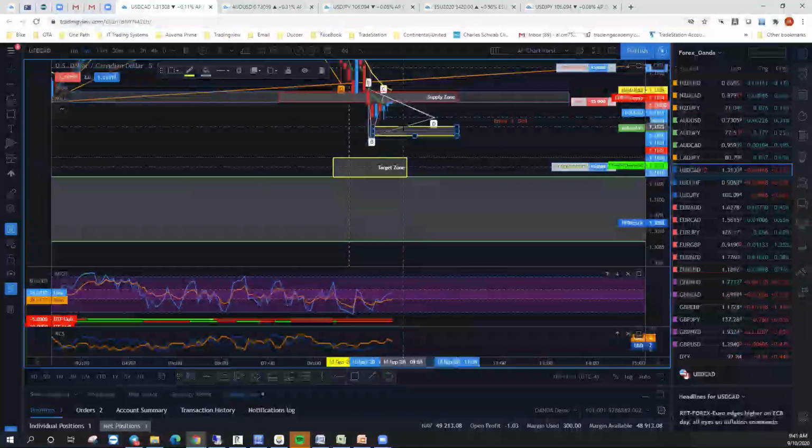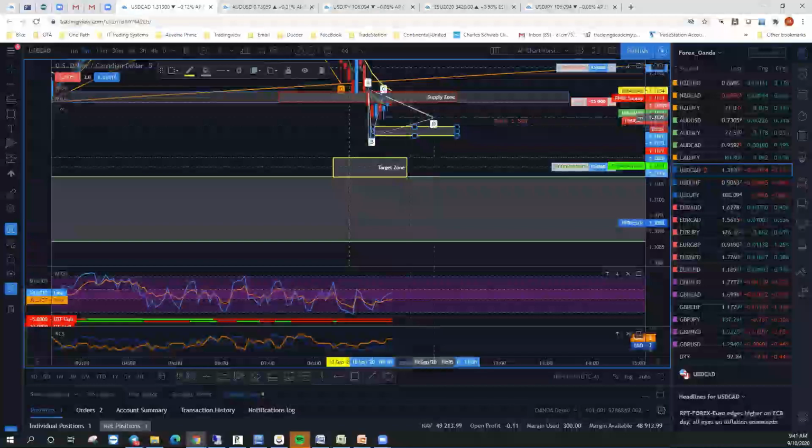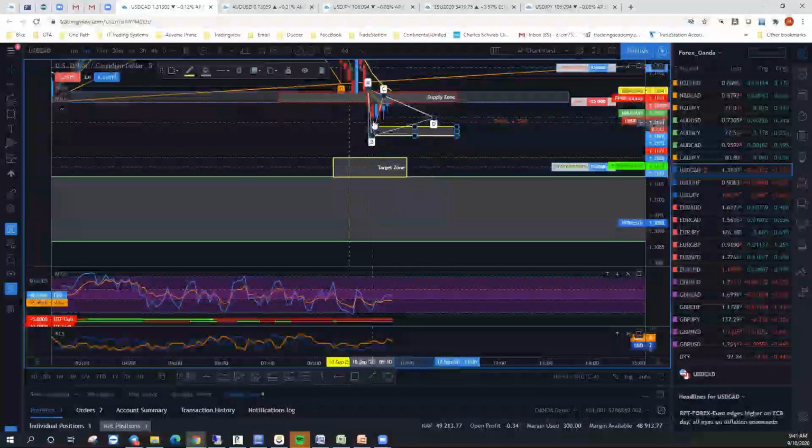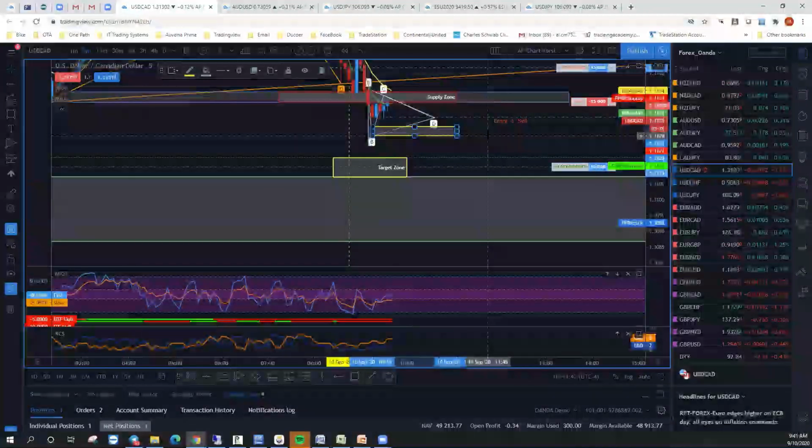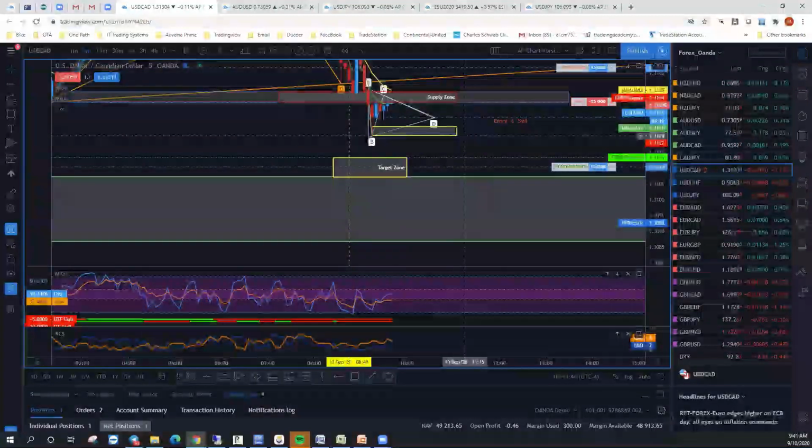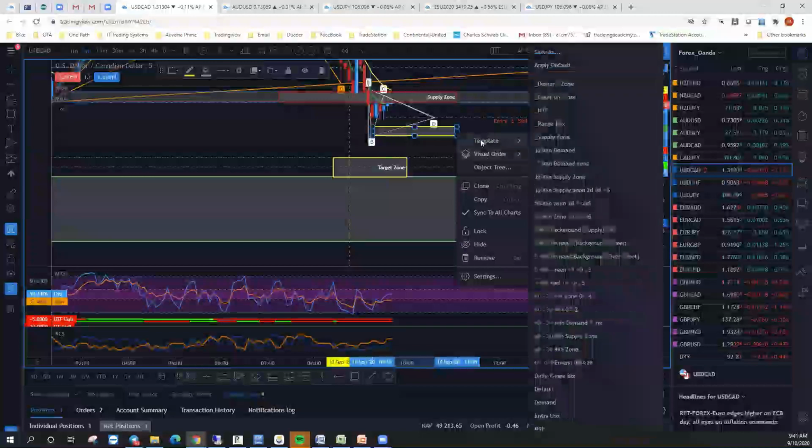Wherever I get the second and third hit of this wedge, I would want to see a close below the closest blue candle to the break of it. And as we see more examples, you'll see what I'm talking about.